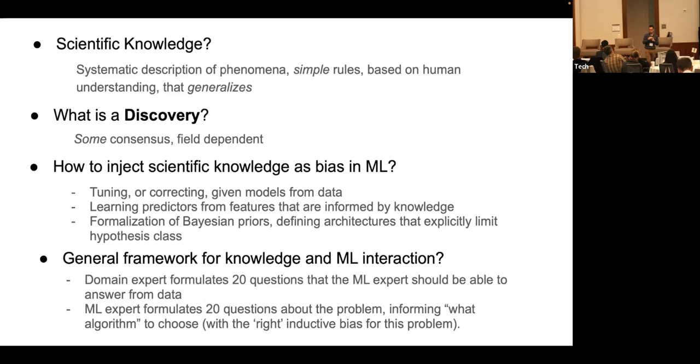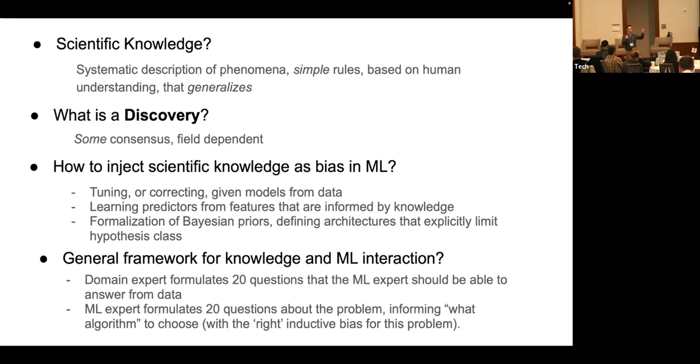Sometimes you can actually explicitly introduce these structures in your models. So say that you know that your data comes from a system with symmetries, you can build predictors that explicitly make use of these symmetries. So it's a very explicit way of enforcing these priors.